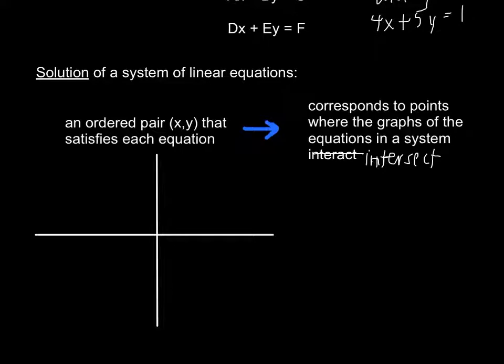So in a very simple example, we could have a line here and another line here, and this point here would be the solution of that system of equations. So that point (x, y) satisfies the system and corresponds to the point where those graphs intersect.